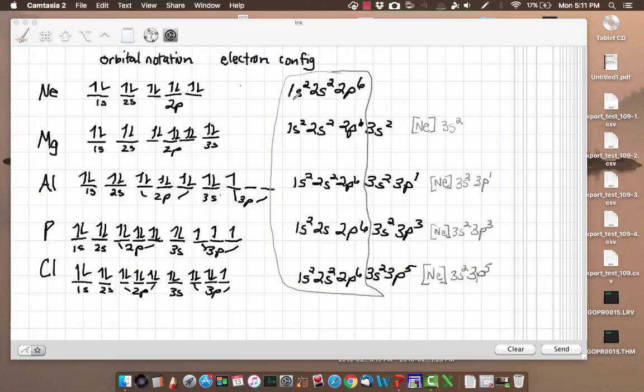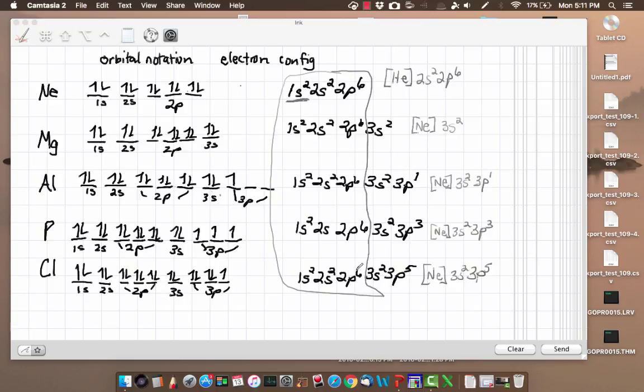The answer is helium, the noble gas before neon. So the proper noble gas configuration for neon would be the configuration for helium, everything that's the same up through helium, and then 2s2, 2p6.